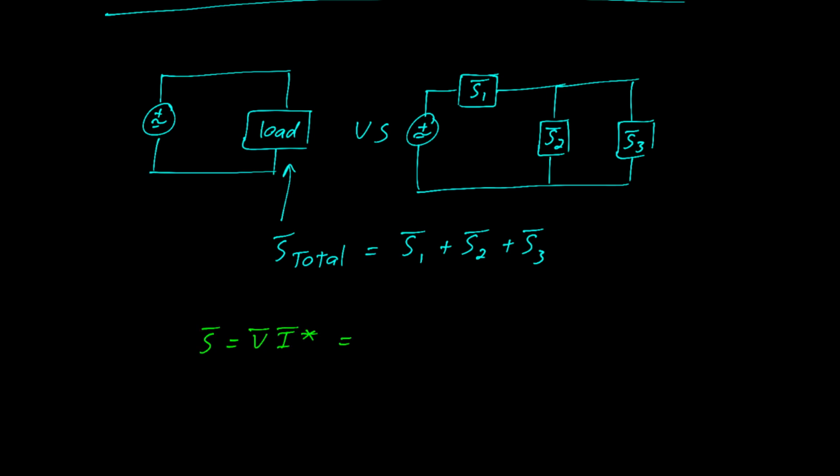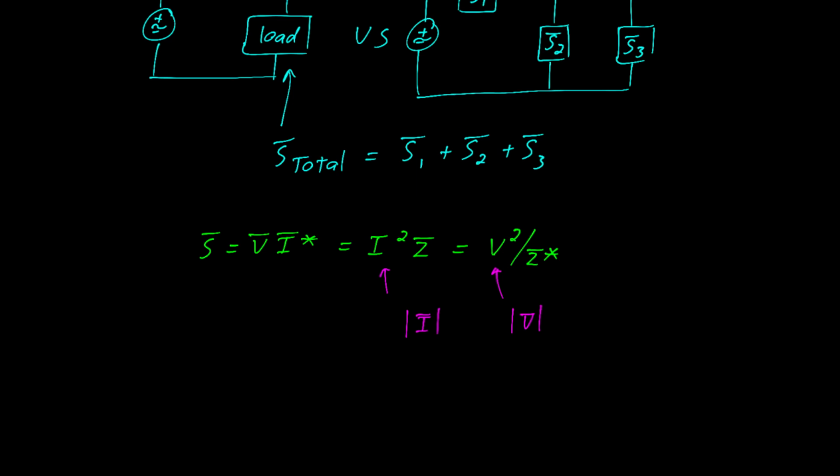As we go along, remember our formulas here, where complex power is the voltage times the complex conjugate of the current, or the current squared times impedance, or the voltage squared divided by the complex conjugate of the impedance. Again, where the current and the voltage are the scalar parts. They're the absolute values, the same thing you would read if you were using a voltmeter.